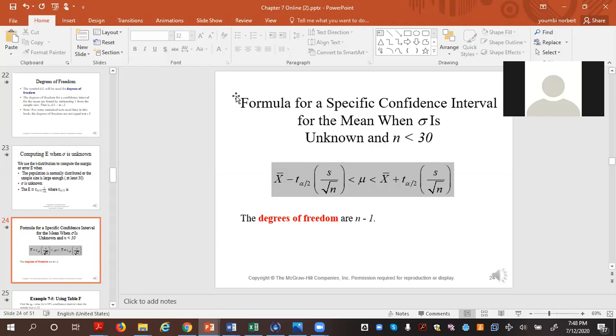Do you see the confidence level? It was 90, so we will be at 90%. Sample size was 15, so the degree of freedom is 14. Always remember that you have to subtract 1. So 1.761.